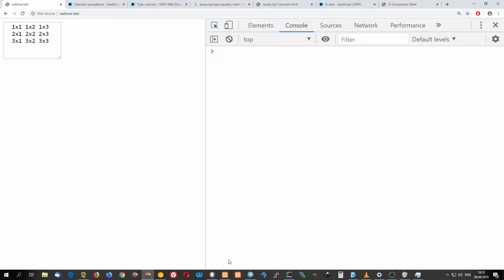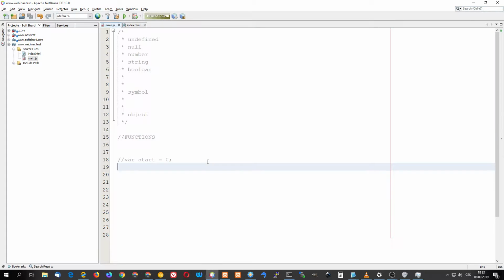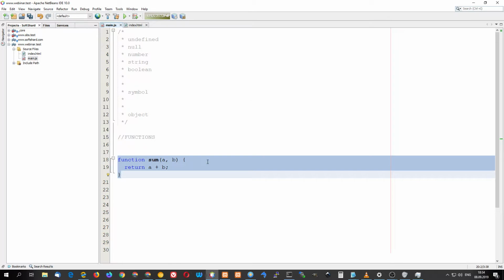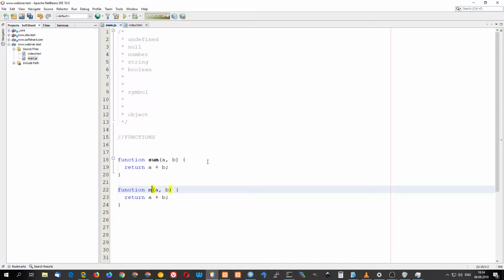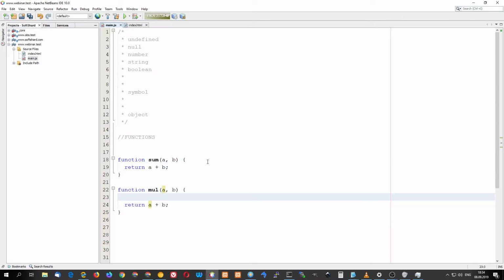Let's try to create our first function. There are several ways how to write a function.